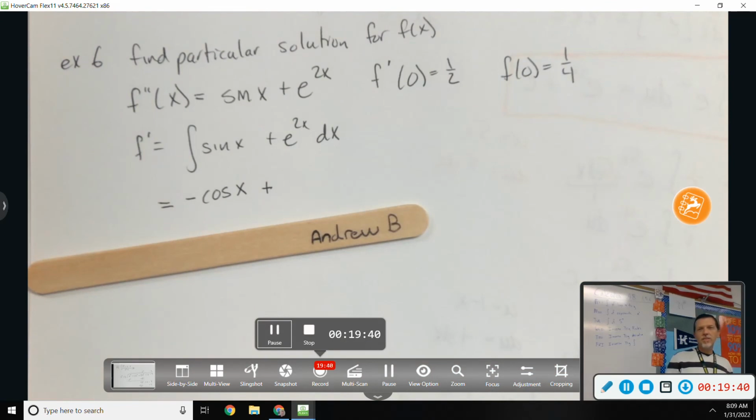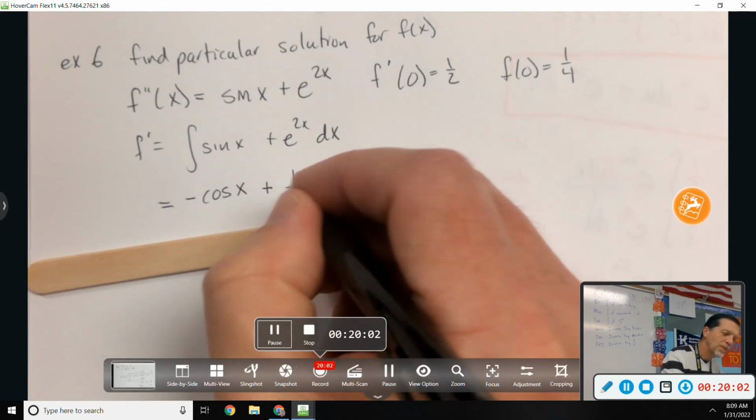Andrew, for that second part, e to the 2x, do you want to do a u substitution, or can you handle that one on the fly? Possibly on the fly. So what do you think the answer is? Probably some sort of 1/2 in there, and that would be right.